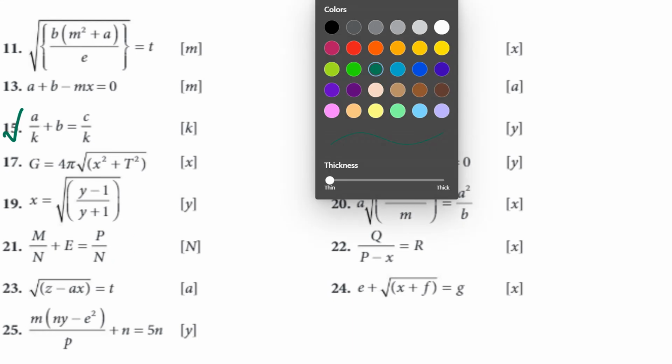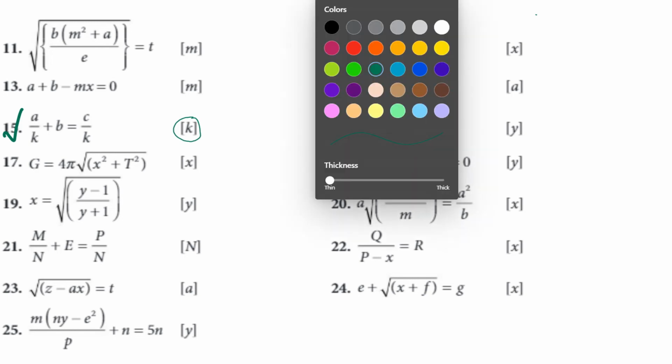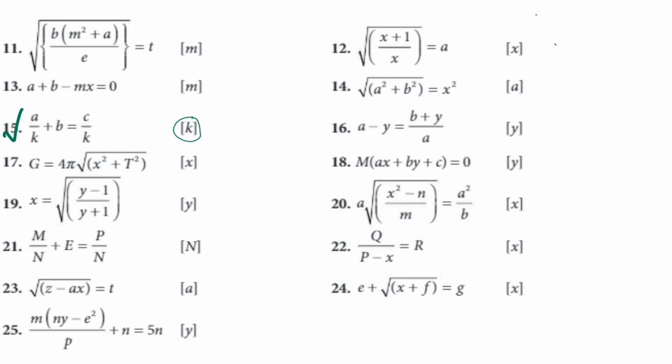Given here, to make k as a subject, we can do that by taking k on one side. We can write here a by k plus b equals c by k, so you can write b equals c by k minus a by k.